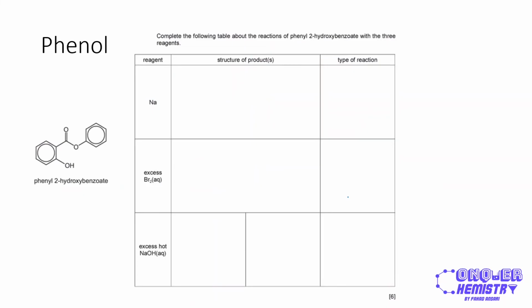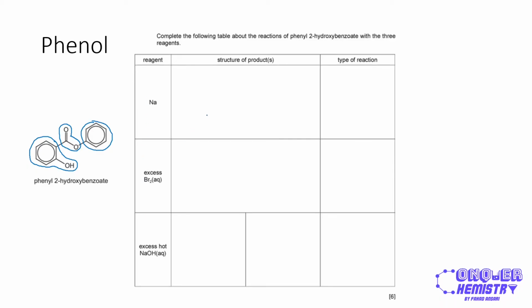So let's get on to some more complicated substances involving phenol, right? So over here we have this part of the molecule, which is phenol, and we also happen to have a benzene ring, and we happen to have this ester linkage over here. So we need to look at which of these functional groups will react with these three reagents.